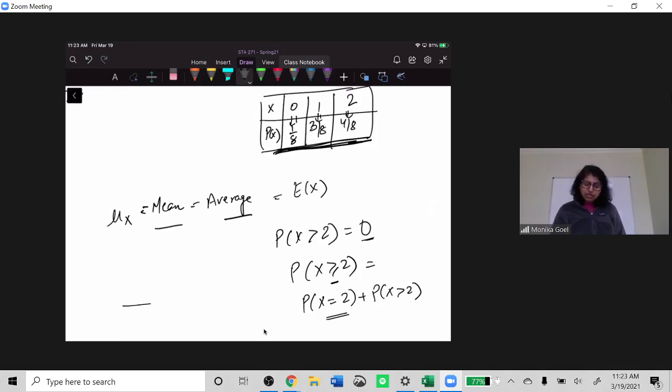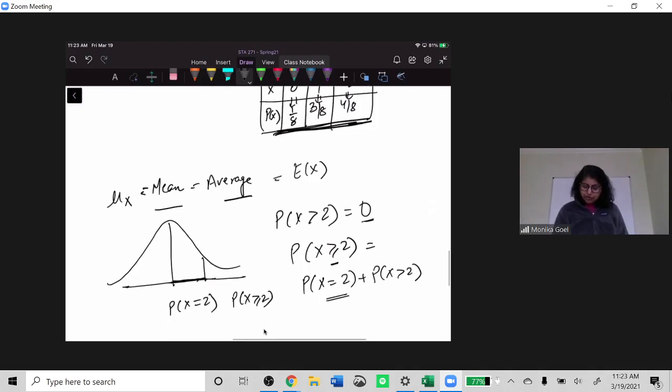And as I mentioned, if we talk about a continuous distribution, this equal sign will not play a role. If I'm talking about probability of x equals 2 and probability of x greater than 2, and I'm looking from greater than 2 up to infinity, I don't have any probability at a single point.